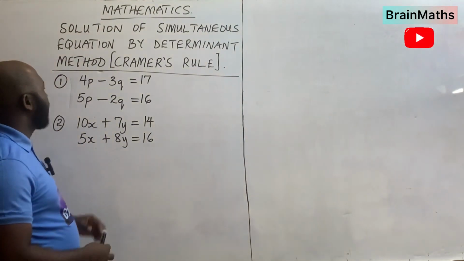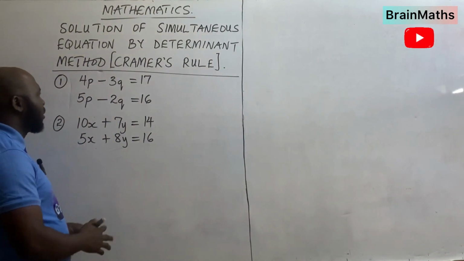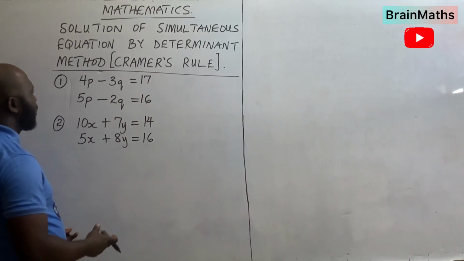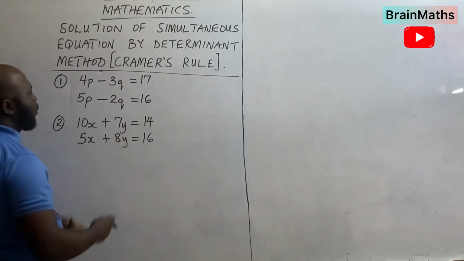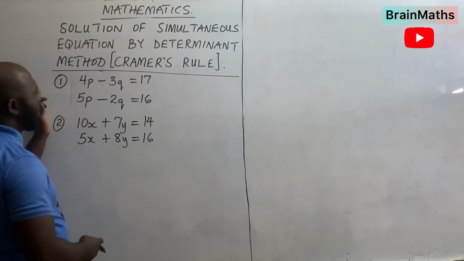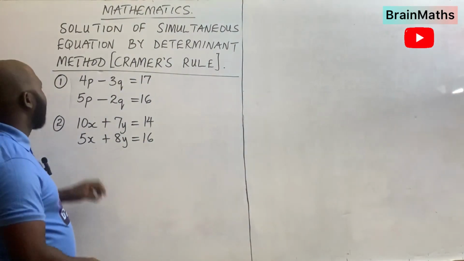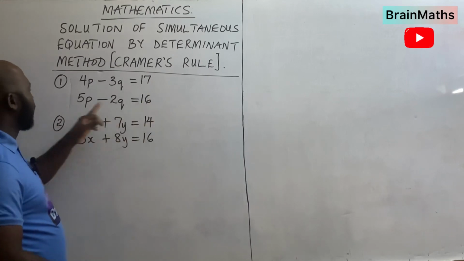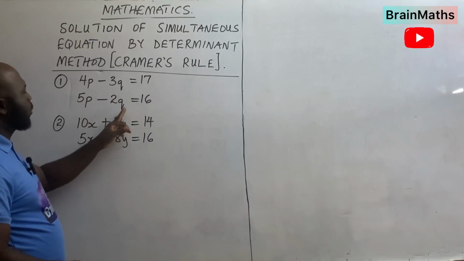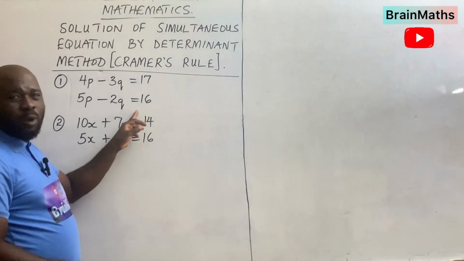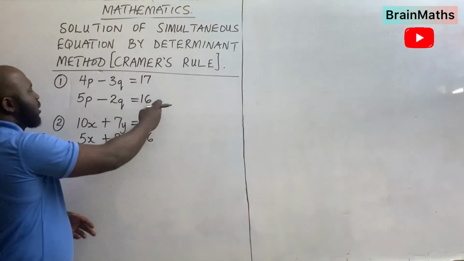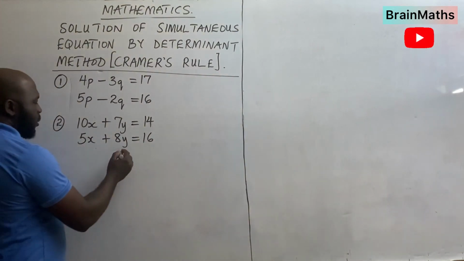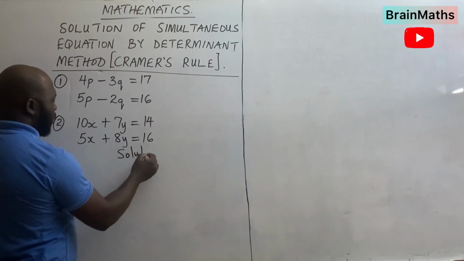So, employing the method of CRAMER'S, it says that for every given equation like this, once you get the determinant of the left hand side, the next thing to do is to find the determinant of P by introducing the constants to where you have your P, and also get the determinants of Q by also introducing the constants to where you have the Q. So let's see how it works. The solution to this problem goes thus.